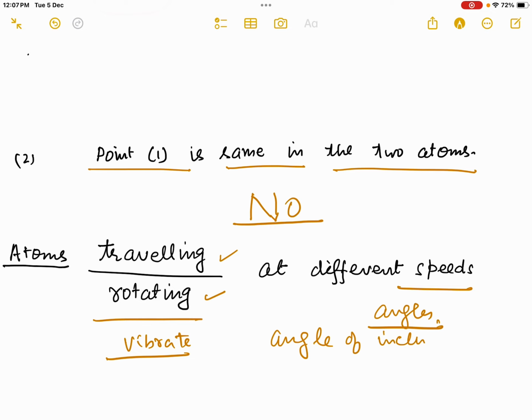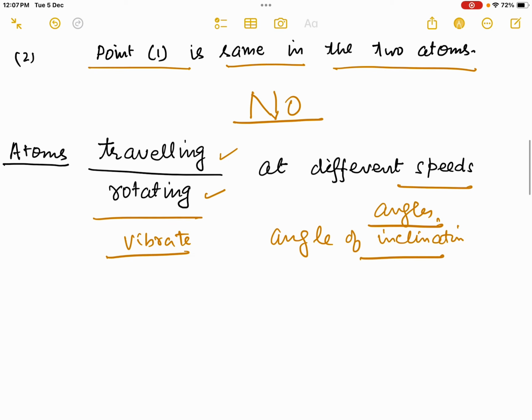So these factors also make them different, and they act differently in the two samples of elements. See, there are fast moving atoms, and then we have slow moving atoms.